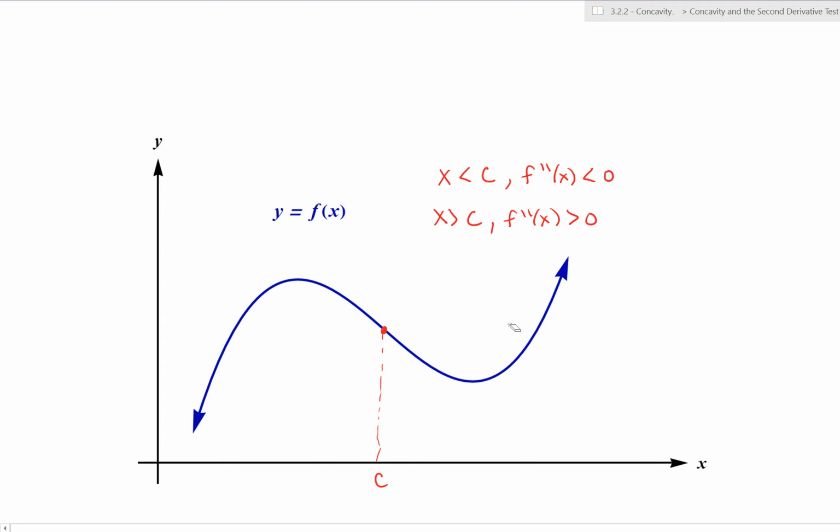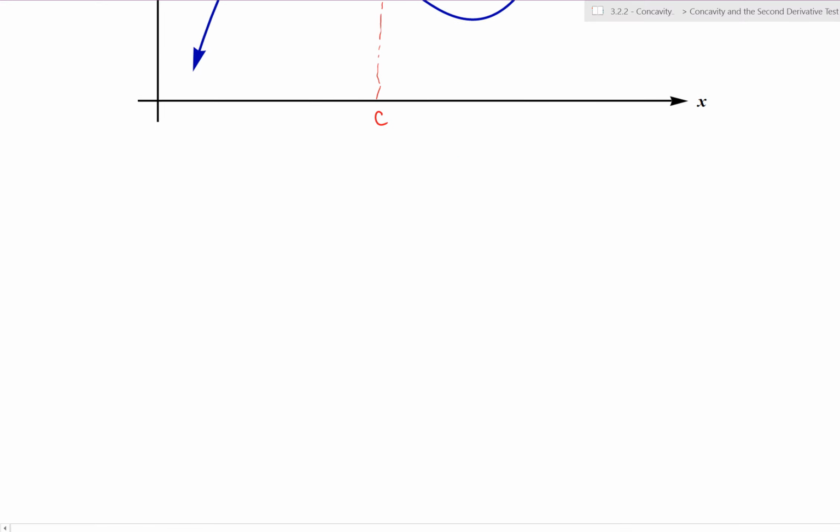And so in this case, the function changes from concave down to concave up at x equals c, and notice that the second derivative changes signs from negative to positive at this location. For this reason, we would call this an inflection point, or just a point of inflection, whatever you prefer. Now, that's not the only way it can happen, but that's just an example.